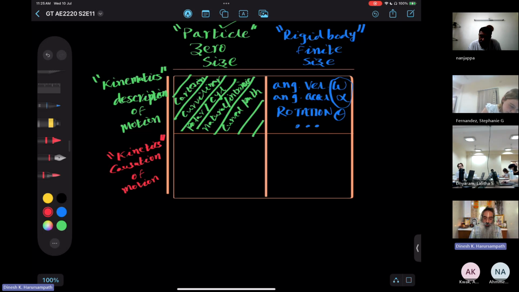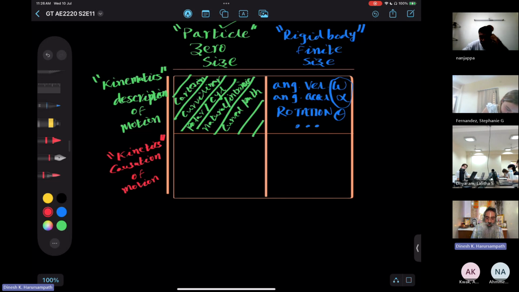One is associated with particles. The other is associated with rigid bodies specifically, right? But the one associated with particles, we will extend to the point that we identify as a replica or representative of the rigid body, namely the center of mass.